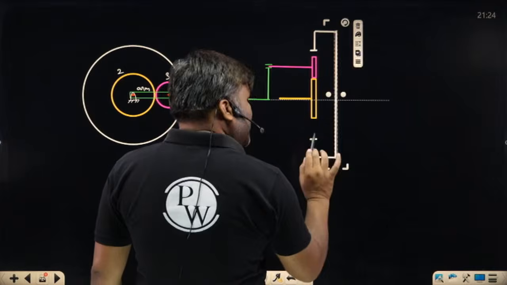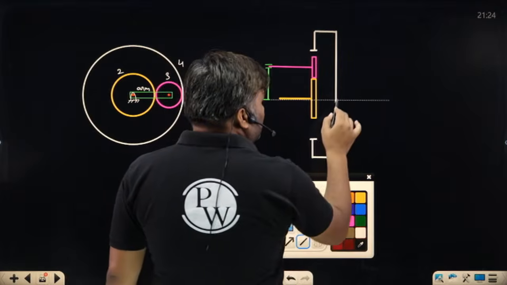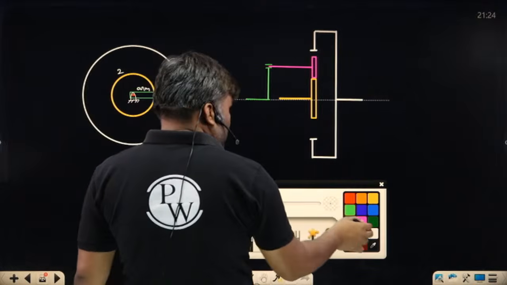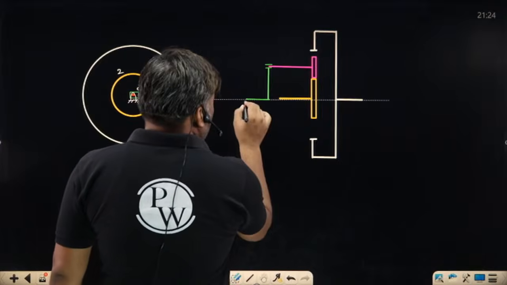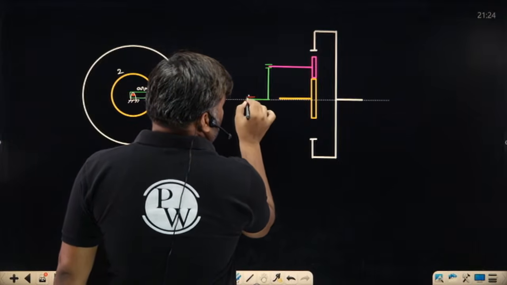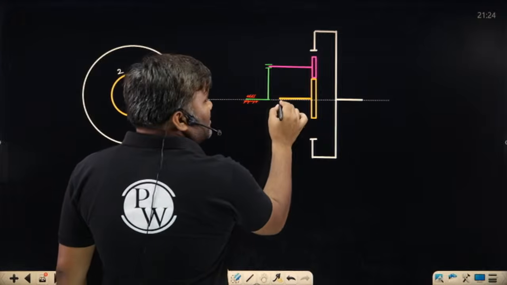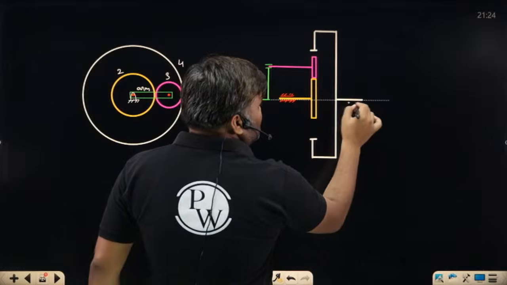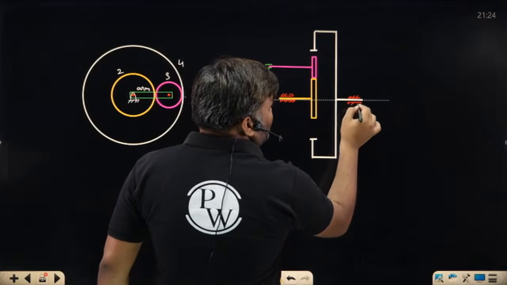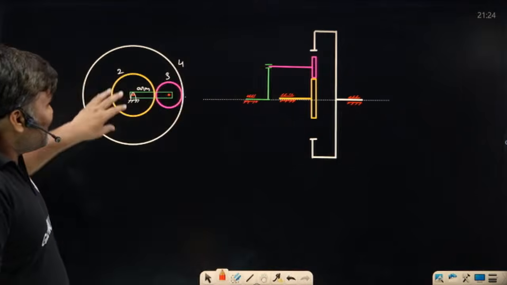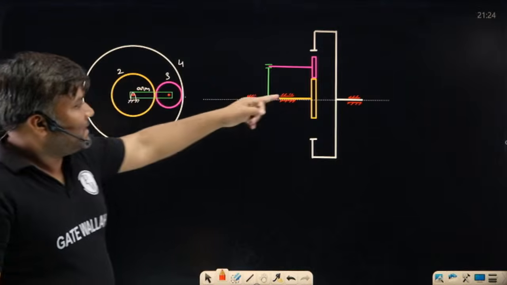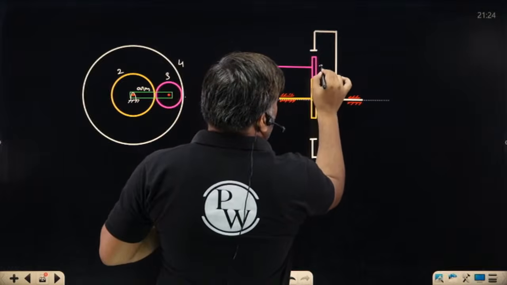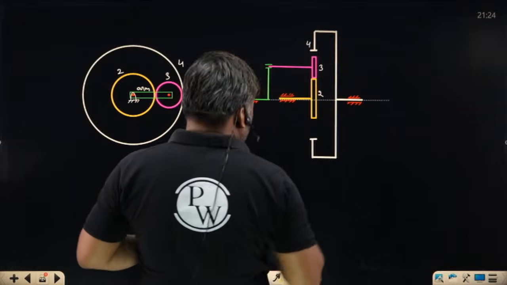I have used the correct color coding so that you can get the feeling of how this system is going to work. Something like this. We are having this kind of situation, and this is your fixed link. So fixed link के respect में arm is rotating. Fixed link के respect में your yellow color का gear is also rotating, and this internal teeth वाला gear is also rotating. Can you see? Gear 2 का rotation is independent. This is my gear number 2. Gear 2 is meshing with 3. 3 is meshing with gear number 4 internally.